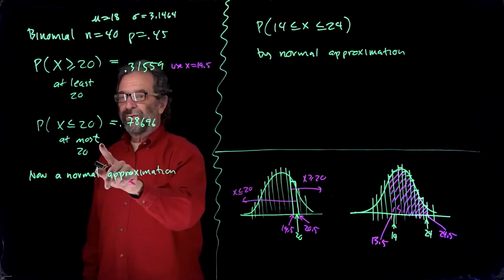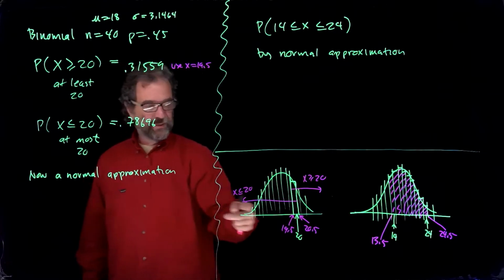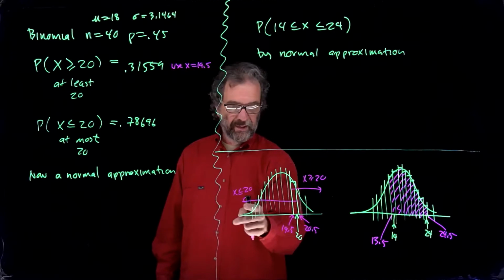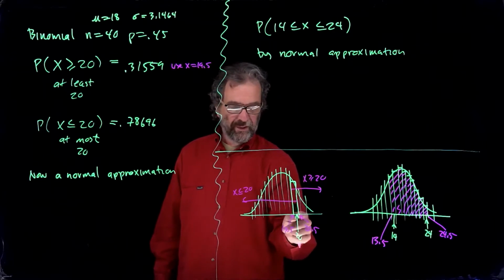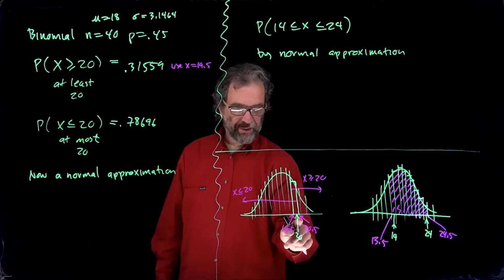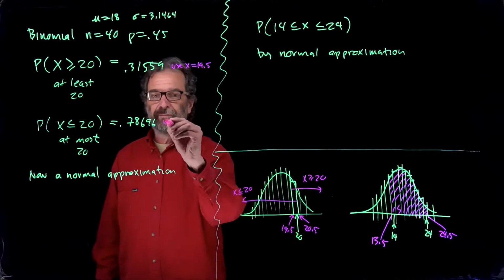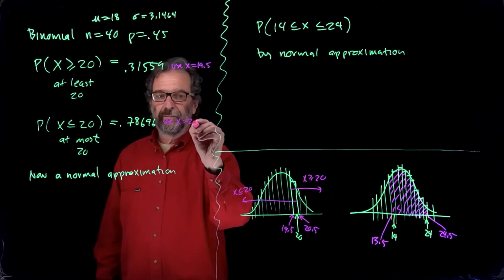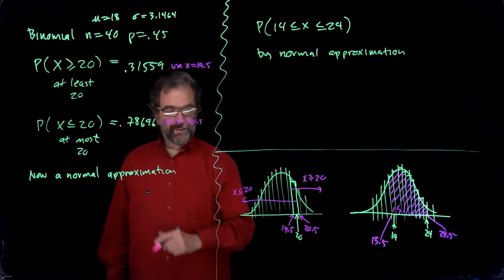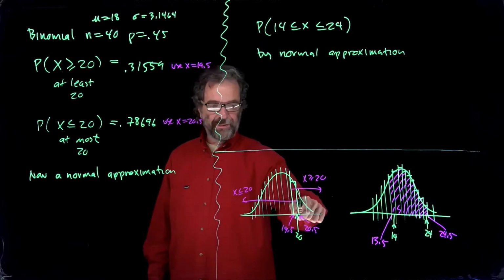For at most 20, that's less than or equal to 20. So it's 20, this bar and left, all the bars here. If you want the area of this bar, you have to start at 20.5. Then we just compute the z-value and look it up in the tables.